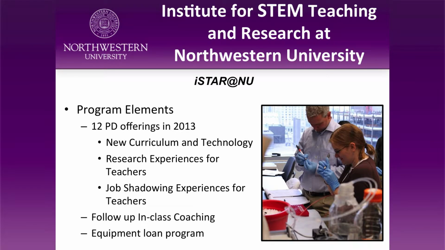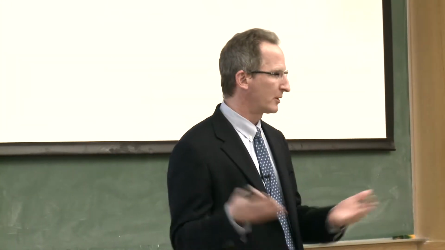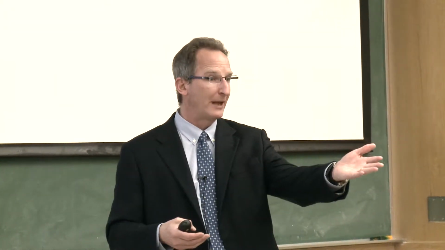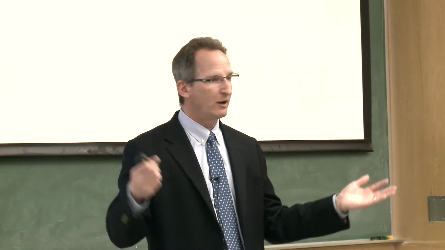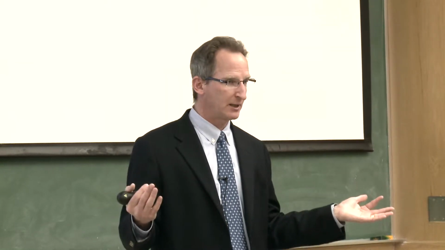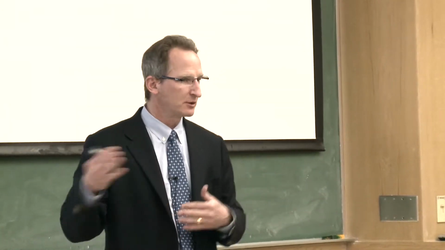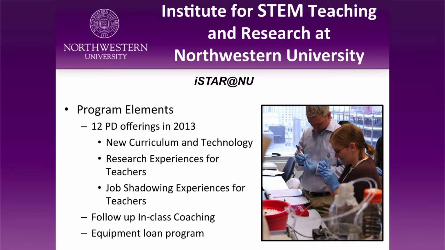ISTAR at NU is our catchy name. And we have something like a dozen different professional development courses, normally in the summer, because that's when teachers have the time. And teachers can come in, and we send out this email blast, and we say, hey, we've got 12 programs this summer. Which one do you want to sign up for? And if you're an astronomy person, you might sign up for the astronomy thing. And if you're a chem teacher, then you might sign up for that.